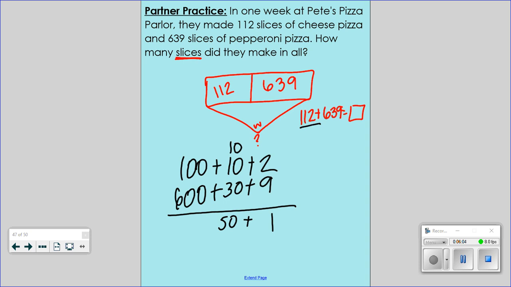No, I need 100 to make a trade into the hundreds. Alright, let's start with 100 plus 600. Go ahead, Autumn. Do I have enough to make a trade? No. That back in standard form becomes 751.